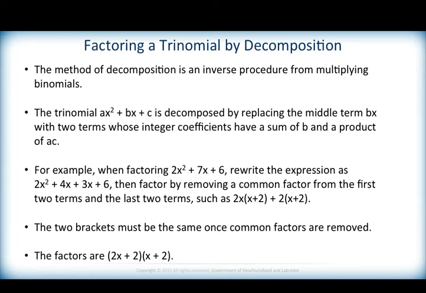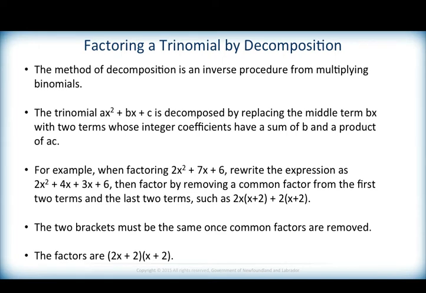But our coefficient of a had to be equal to 1, or if it was greater than 1, we had to remove the greatest common factor so that the trinomial left in the bracket would have an a equal to 1. However, this is not always going to be the case. You're going to have questions where your x squared term is going to be greater than 1, and you cannot factor out the greatest common factor.